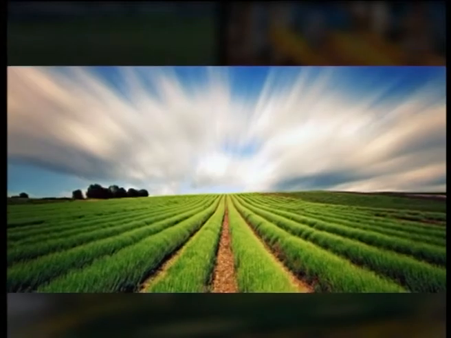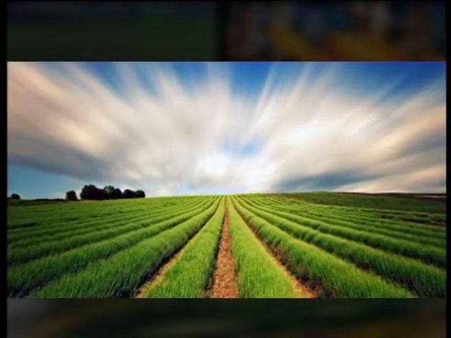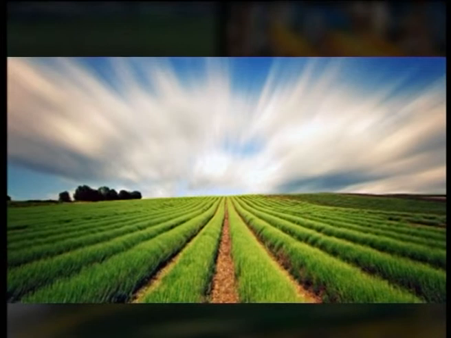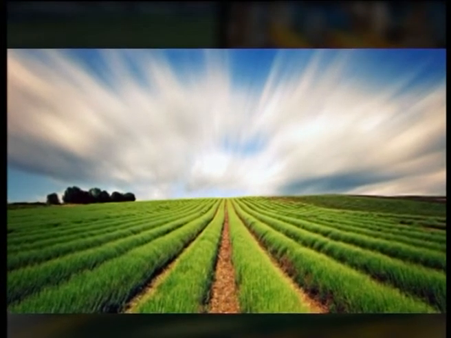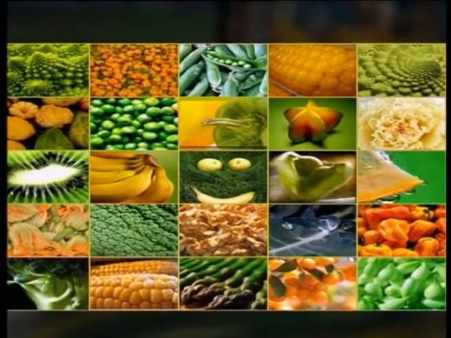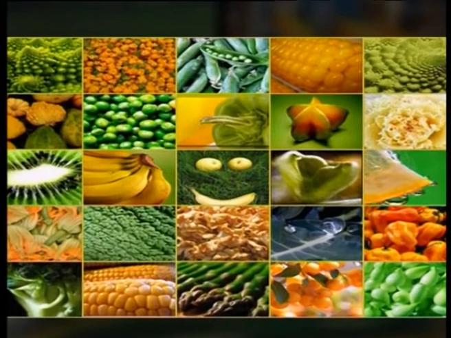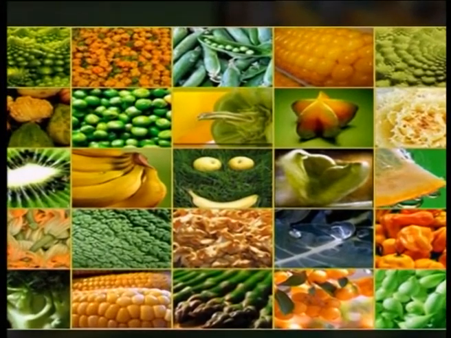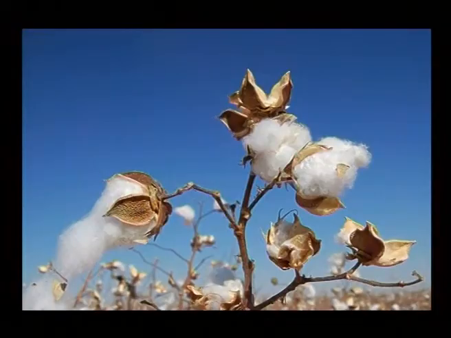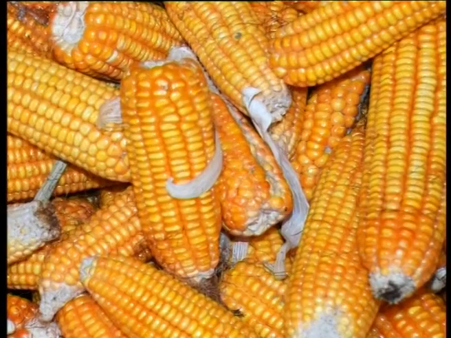So what we find here is that the cropping pattern has changed so drastically that initially most of the land was under food crops. Now the government is giving incentives for non-food crops also to be grown, and is trying to increase exports of goods to raise more foreign exchange.